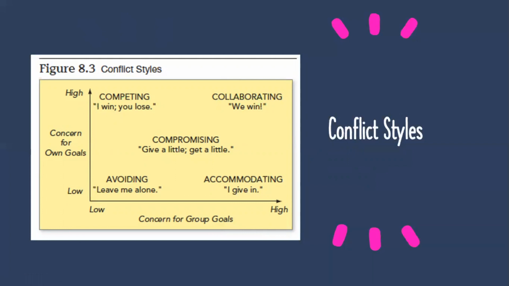Because ideally, the mission in these groups is to make sure we are successful in the project we're focusing on. And then as you can see on the vertical here, it says concern for the group's goals. So this is the group in general. So we want to make sure that we understand that the collaborative is where we all win.